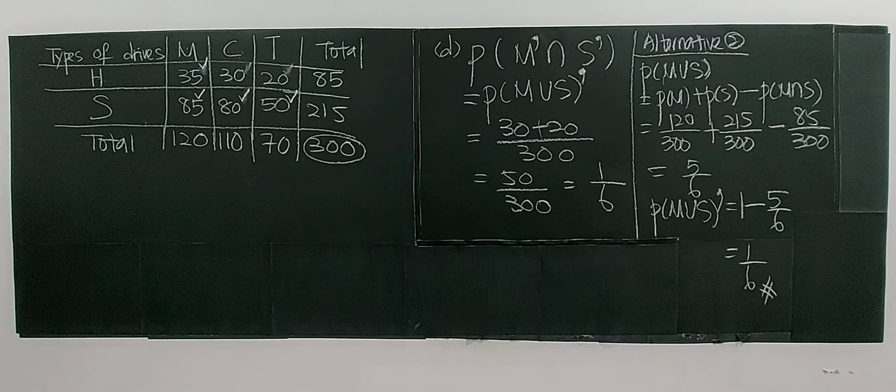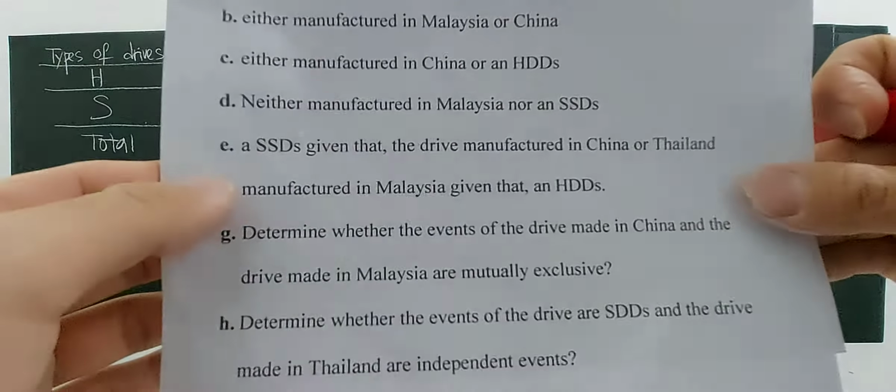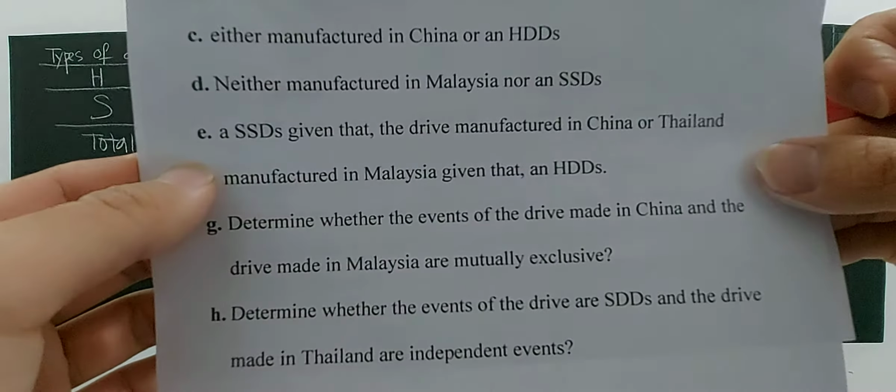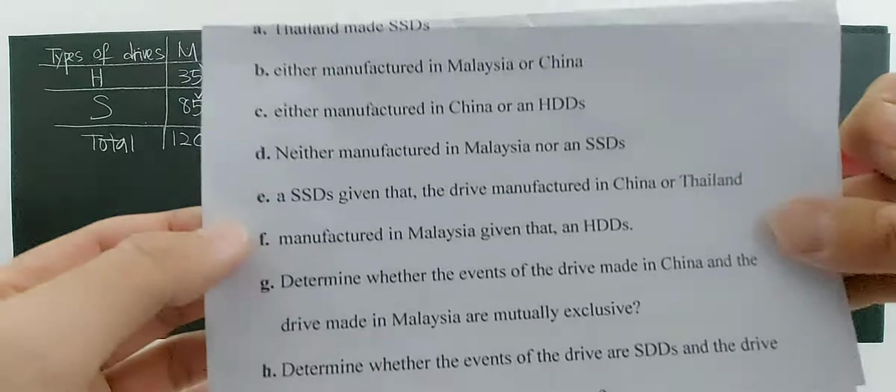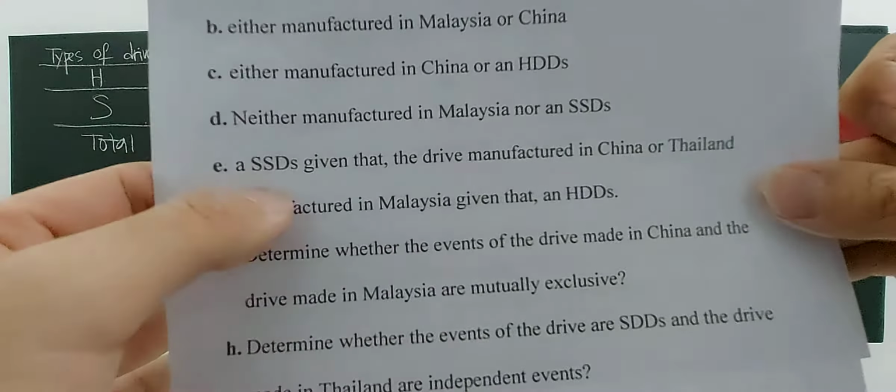All right. So the question is not ended yet. I am discussing a variety of questions that possibly will be asked in your examination. Look at part E here: is it an SSD, where SSD means S, given that the drive is manufactured in China or Thailand.